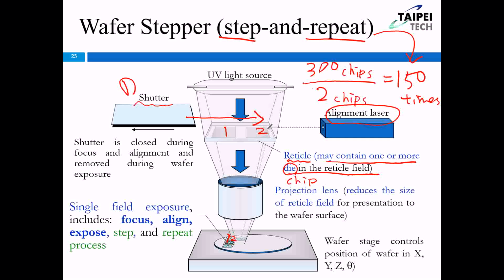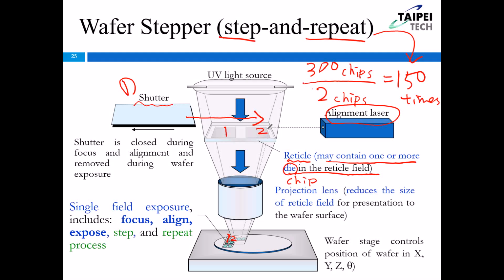For this reticle, the chip size is very large, right? But finally, you can see after the exposure on the silicon wafer, the chip size is much smaller, right? And single field exposure means during this exposure, only 2 chips are exposed to the UV light.